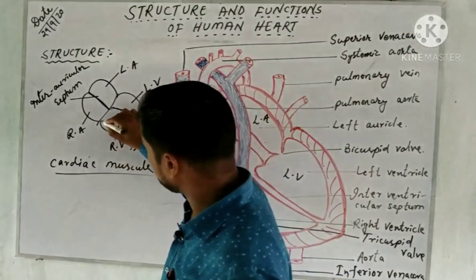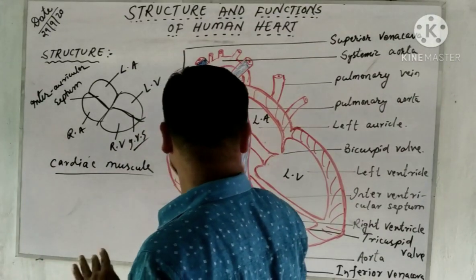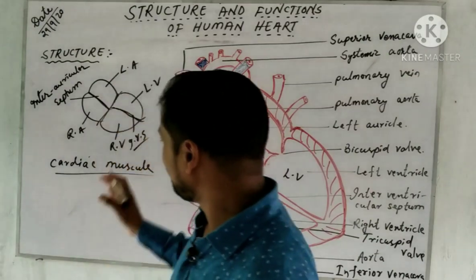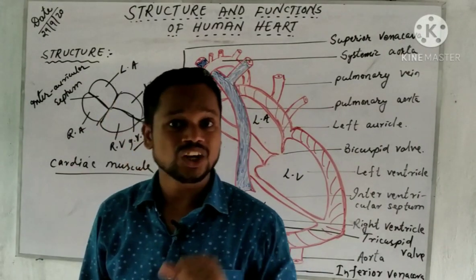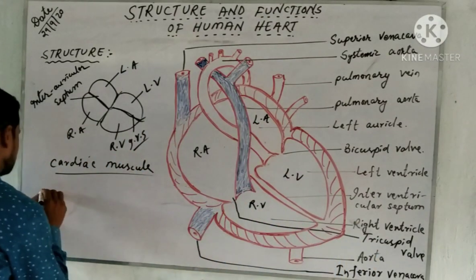Similarly, externally the wall is there, while internally it is open, meaning the tricuspid and bicuspid valves are present. The wall between the auricle and ventricle is called the auriculoventricular septum.